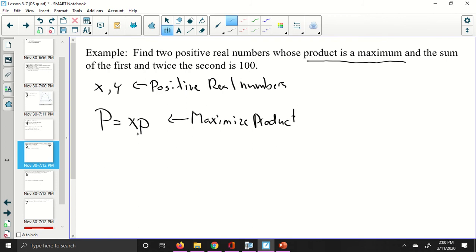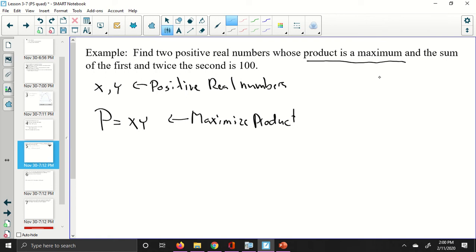Now I know that this, oops, I should have had a y there. Sorry about that. We'll fix that. X, Y, product, we're maximizing product there. And so in general, if you had no other constraints, you couldn't really maximize product. You just keep picking larger and larger positive real numbers. That being said, these two values have a limitation on them.